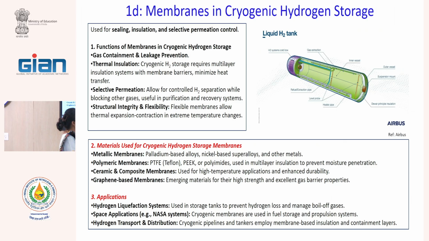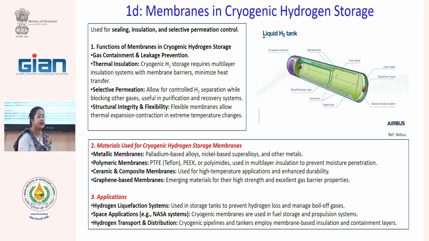Airbus, we all know, is a very famous aeronautical company. So, what they do is that they have a hydrogen container and they have to seal it very effectively. There are many heating and cryogenic arrangements all throughout the system. They are insulating the whole tank very effectively. But now, where is the membrane here?